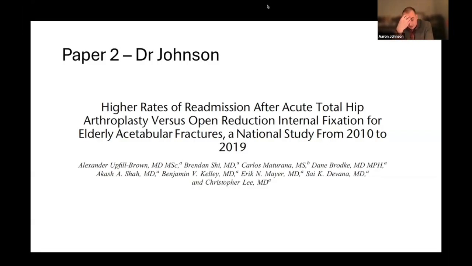So their methodology is very similar in terms of the database with all of the problems that come along with that. The outcomes that they used, they looked at the 30, 90, and 100-day intervals for readmissions, comparing between patients who had acute total hip versus the ORIF.